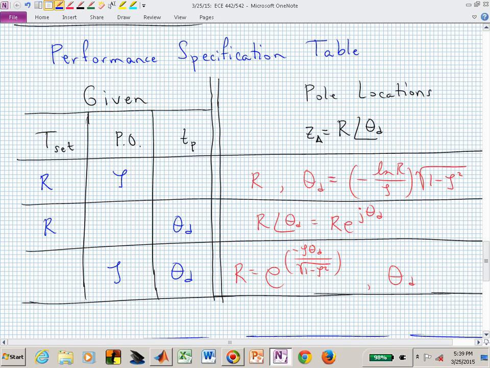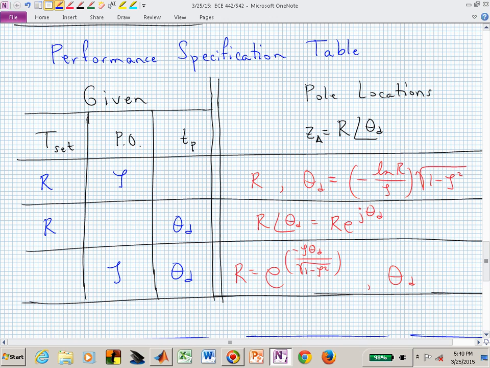Here's a table in which we might be given two of those, and we need to find the dominant poles based on those two specifications. You can derive all of this, but now if you're given the settling time, that's related to the radius. You can find that radius r. If you're given the percent overshoot, you can compute the value zeta, the damping ratio, and r is just what you calculated. Theta sub d you can find in terms of r and zeta by relating the parameterized form of those poles that we've seen in last time's lecture.